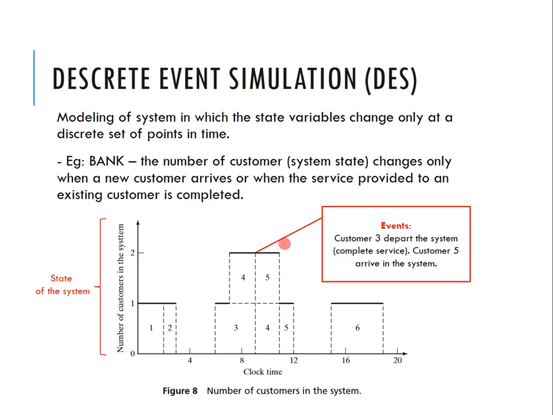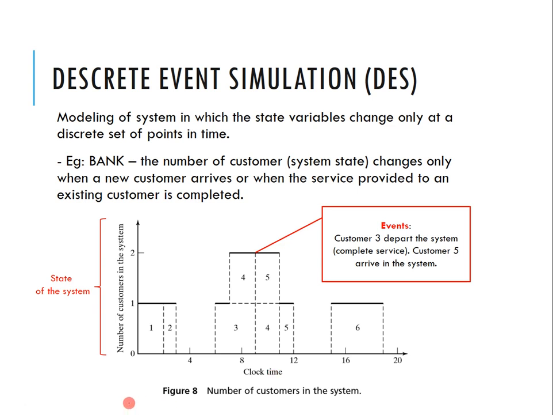So, for example, in the bank, the number of customers is the system state. Normally the system state is something that we can measure lah. The number of customers changes only when a new customer arrives or when the service provided to an existing customer is completed. So in this paragraph, you can see this is an example of a discrete representation of the state variables.